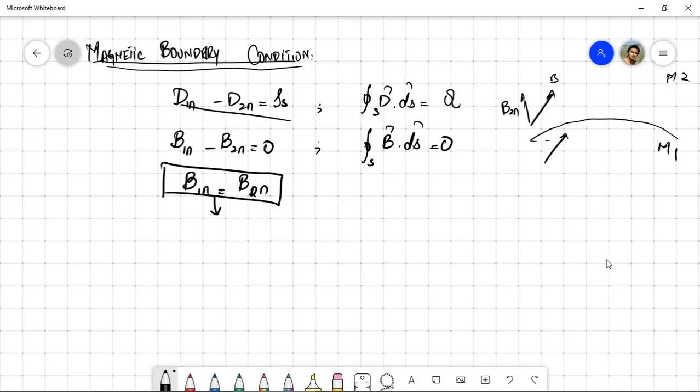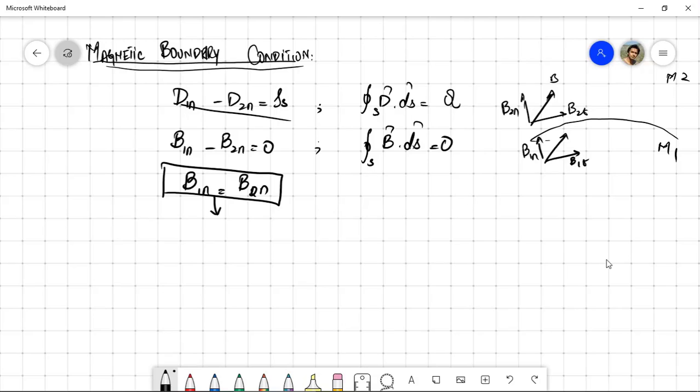We say that this is b2n, this is b2t, this is b1n, this is b1t. So he's saying that this b1n and this b2n will be the same.